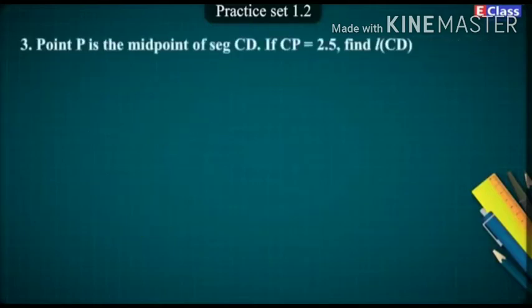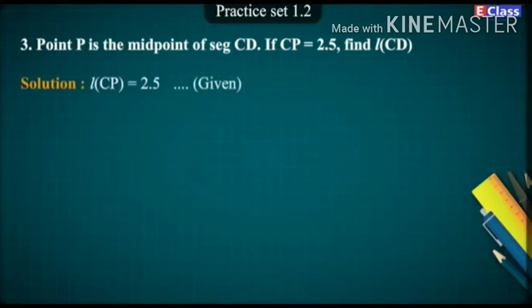3. Point P is the midpoint of segment CD. If CP is equal to 2.5, find the length of CD. Solution. Length of CP is equal to 2.5, which is given.